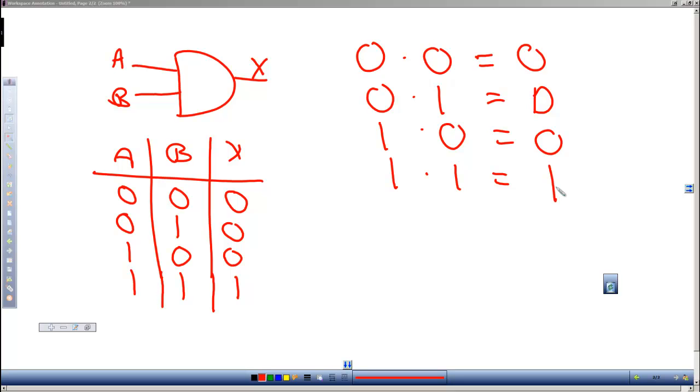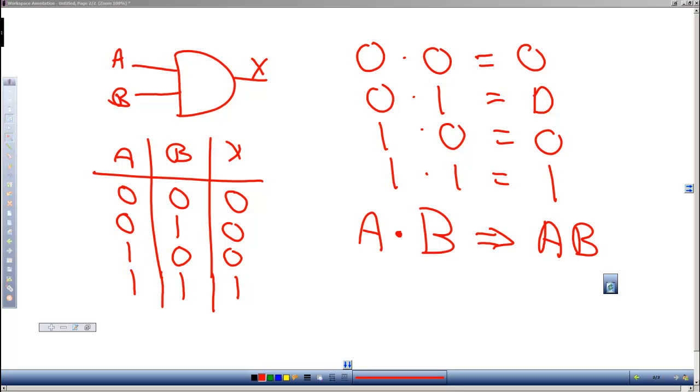The AND function would be A dot, for AND, B. That would be our Boolean expression for it, or we could write it without the dot, just like with multiplication, where you can write it without the dot or the X or whatever you're using for your multiply symbol. So we could write A B, and that would be read as A and B.